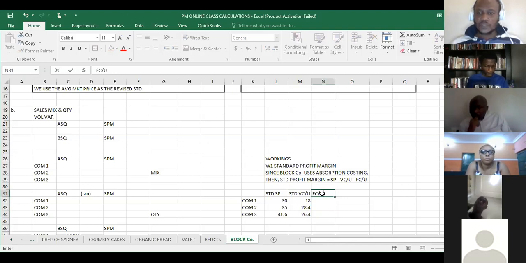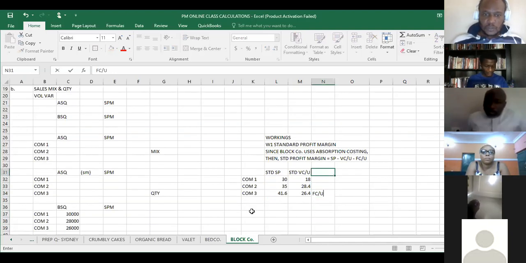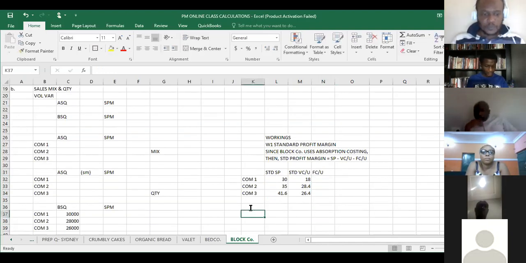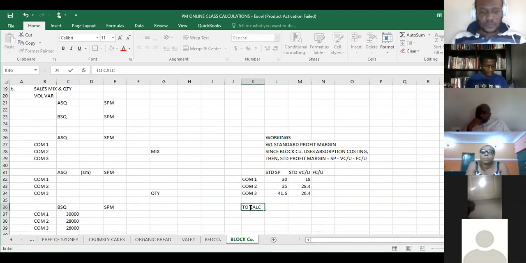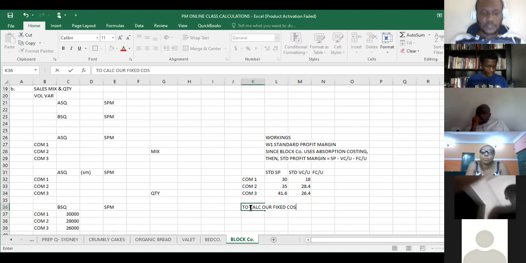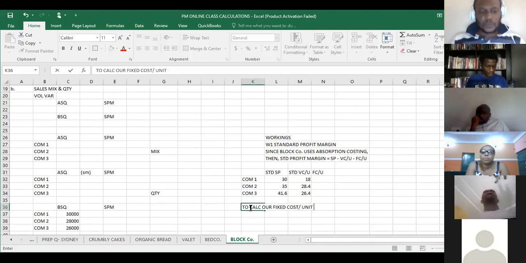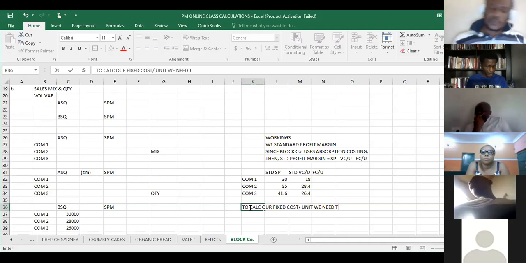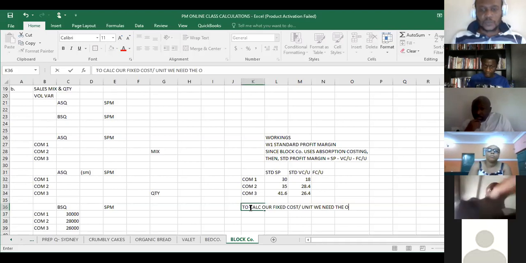And then we can go downstairs and do that working. Okay. So to calculate our fixed cost per unit, we need the overhead absorption rate because they use absorption costing.